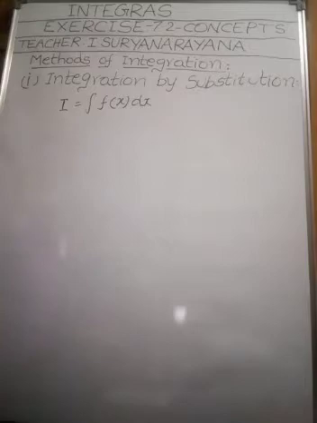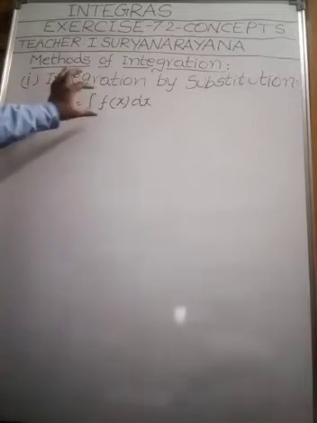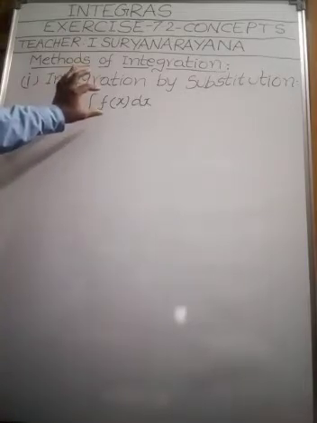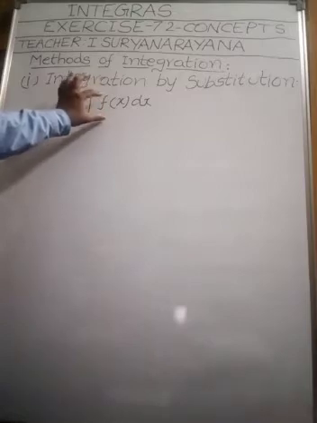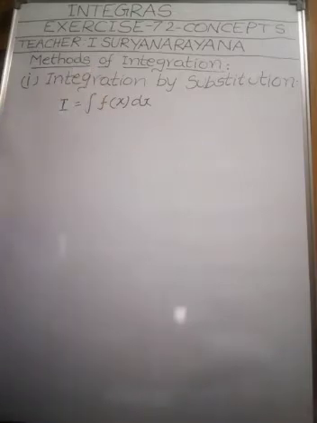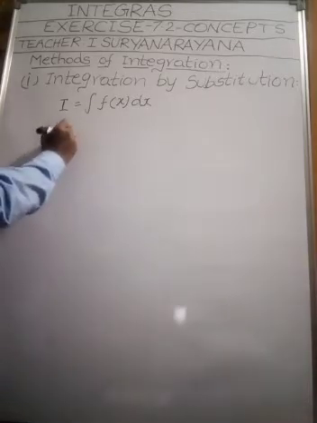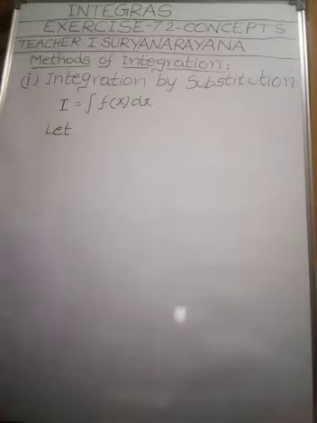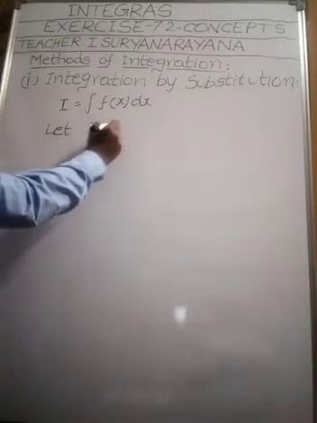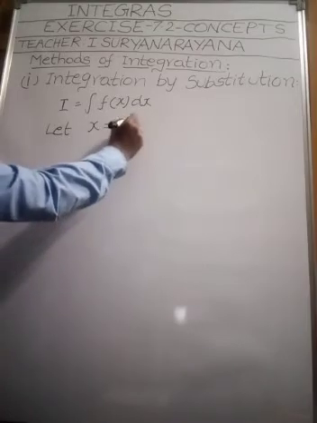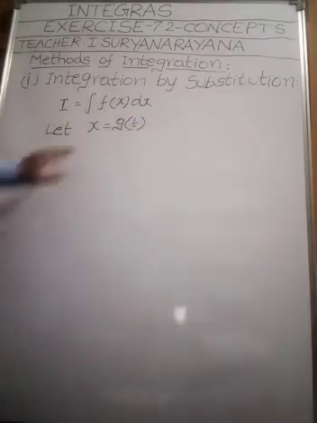In that case, we have to assume some part of the function or the entire function is some variable. We have to substitute. Let us consider x is equal to g of t.